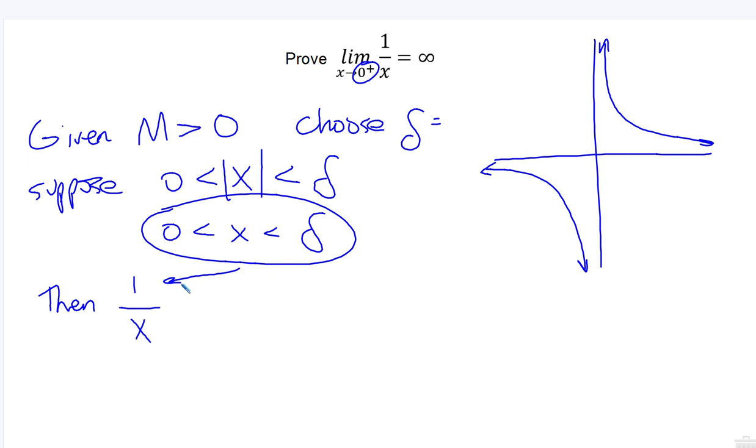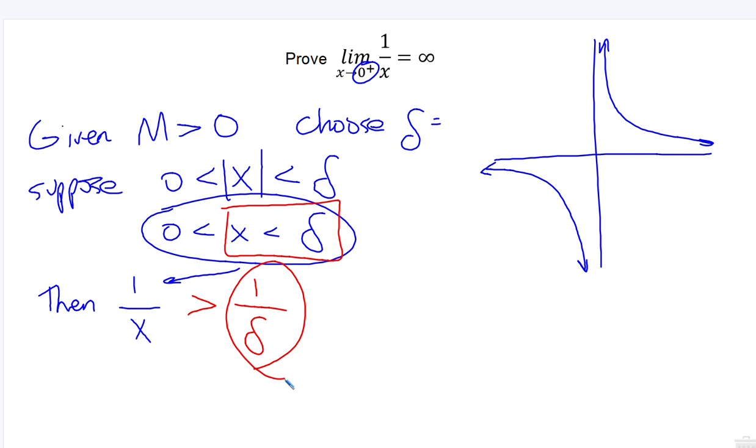And we're just going to take a look at solely this piece of it. If I take the reciprocal of both sides, I get 1 over x and 1 over delta. And what happens with an inequality when you take the reciprocal of both sides of it? You flip the inequality sign, which is just perfect for us here, because now we've shown that our function f of x is greater than something in terms of delta, which is what we wanted to show.